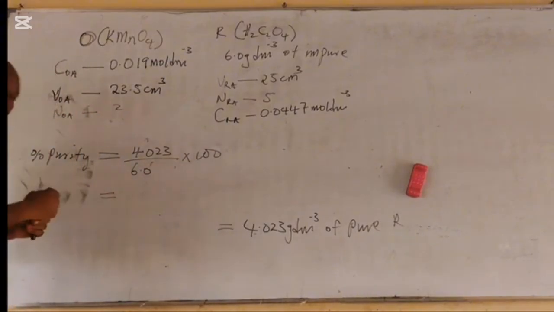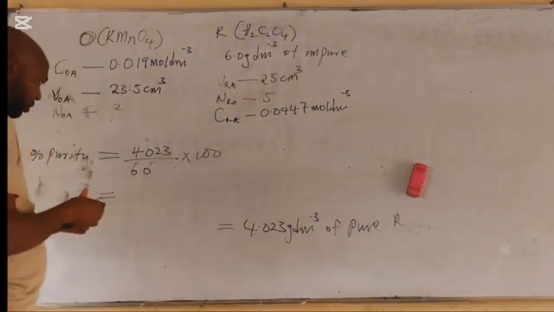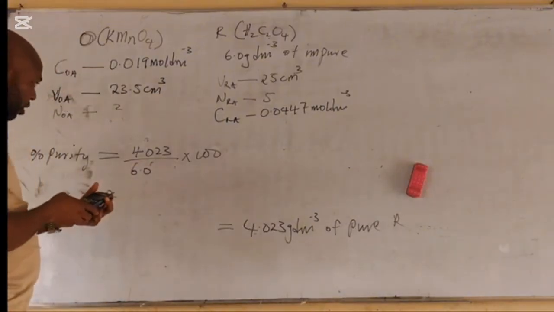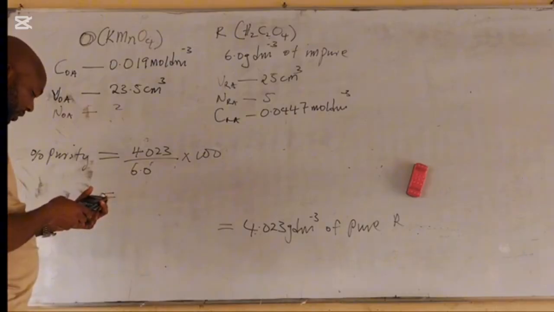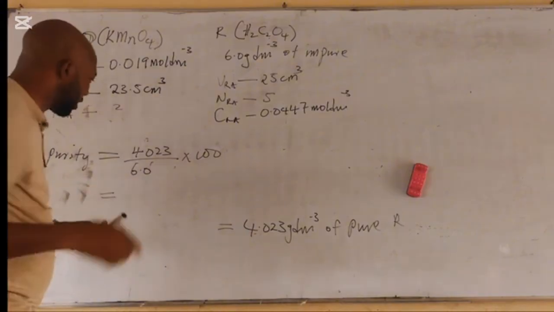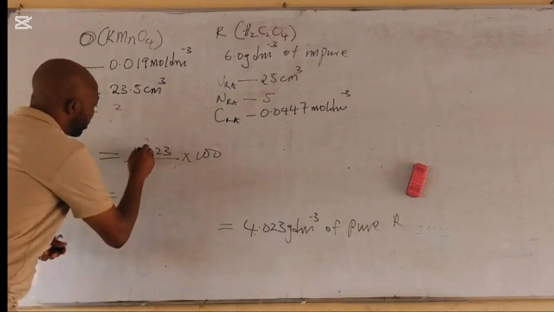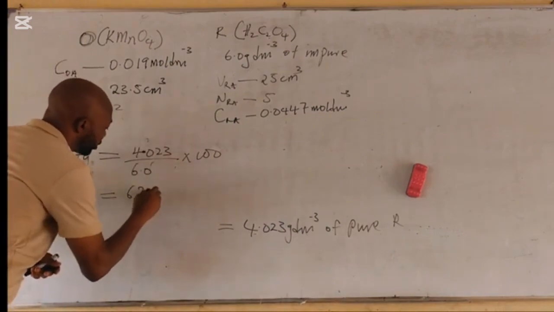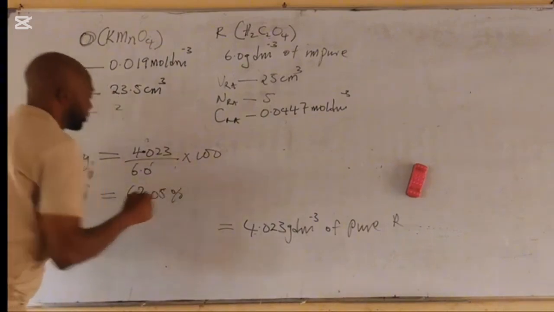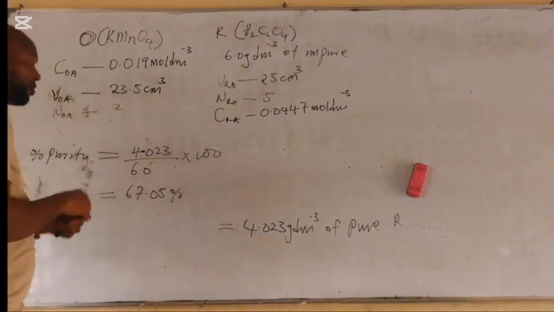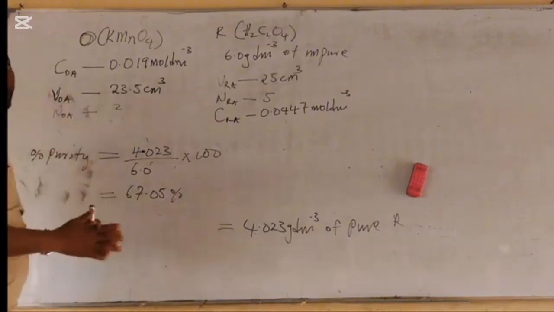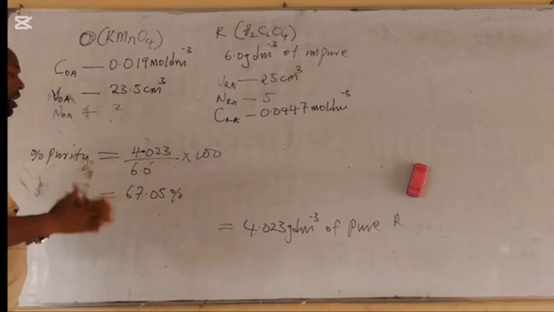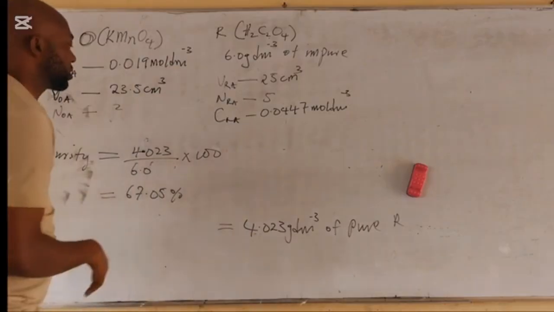And this is equals to 4.023 divided by 6 times 100, which is 67.05%. So it's 67.05% pure. The ethane dioxide at least is above 50, so that's not bad.